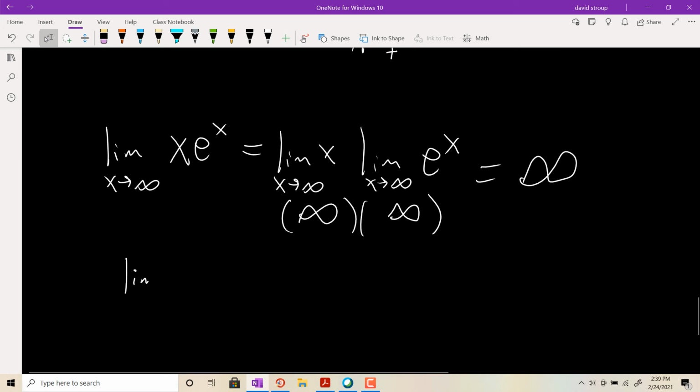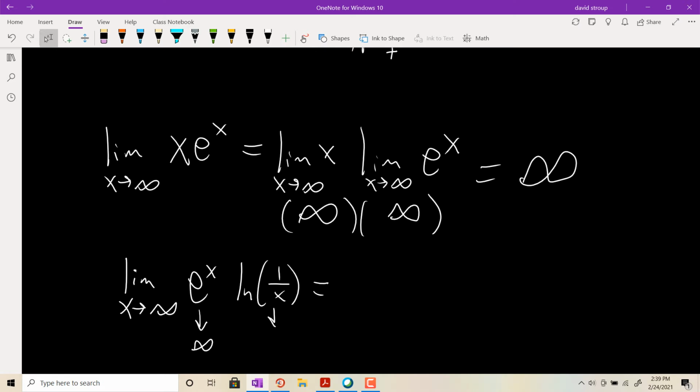Compare that to something like e to the x times ln of 1 over x. In this case, the first part goes to positive infinity. For the second part, when you plug big numbers into 1 over x, it's 1 over infinity, which will be 0 eventually.